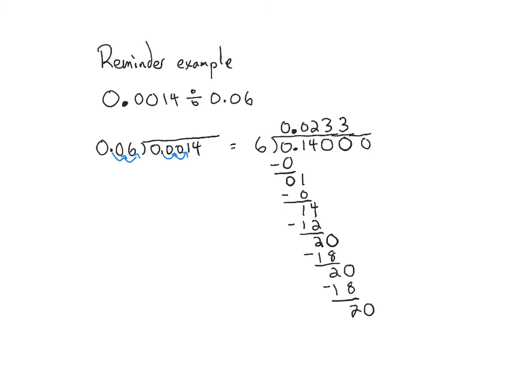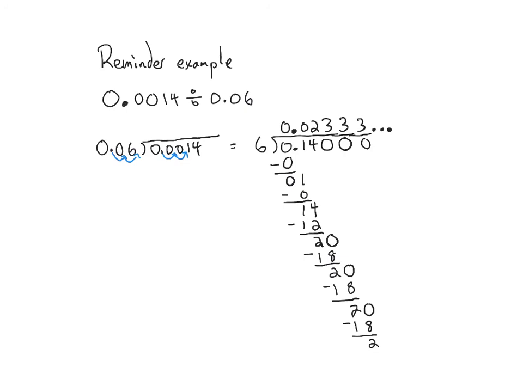So now this is tenths, hundredths, thousandths, 10 thousandths, 100 thousandths. So we can still make 3 groups of 100 thousandths, 200 thousandths left over, and the process continues.